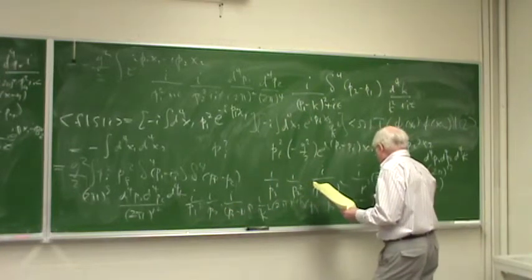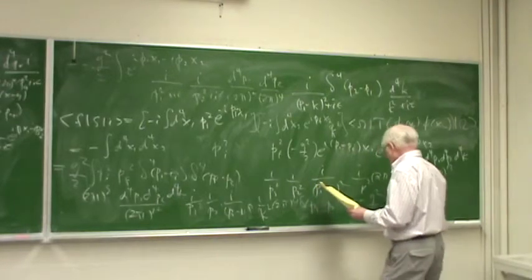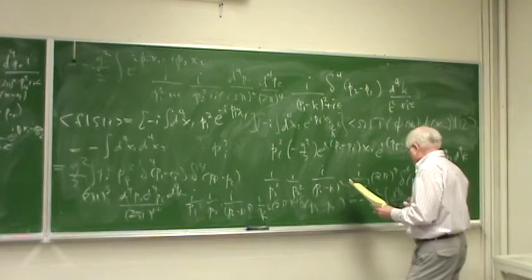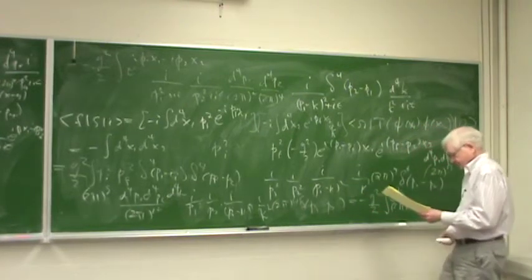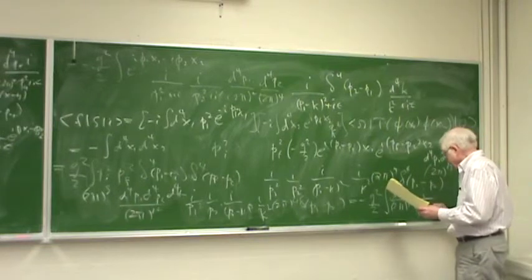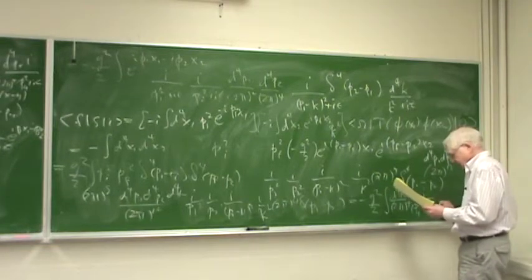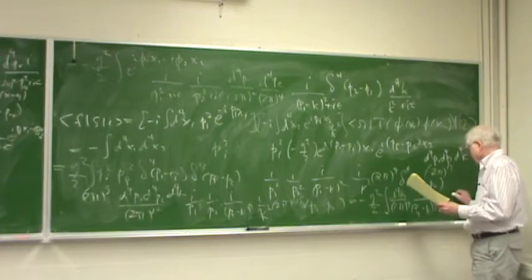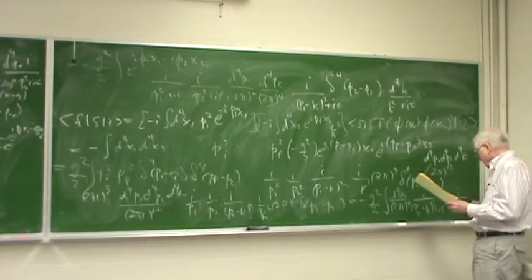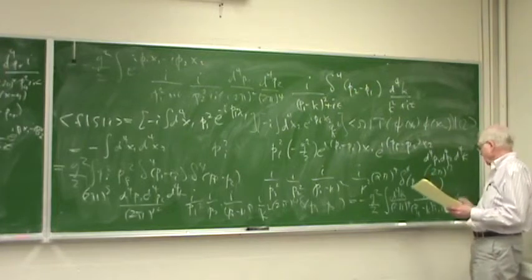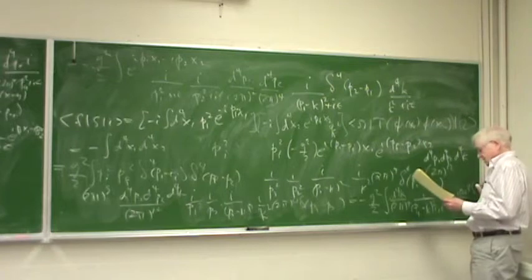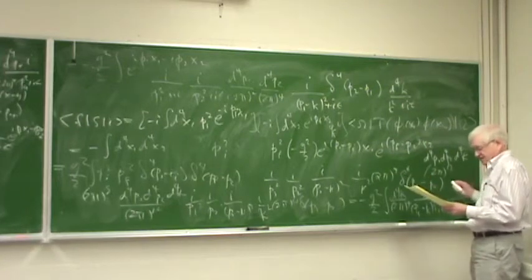And what we wind up with is minus g squared over 2 integral d⁴k over 2 pi to the 4, i over pi minus k squared plus i epsilon, i over k squared plus i epsilon, and then 2 pi to the 4 delta of pi minus pf.